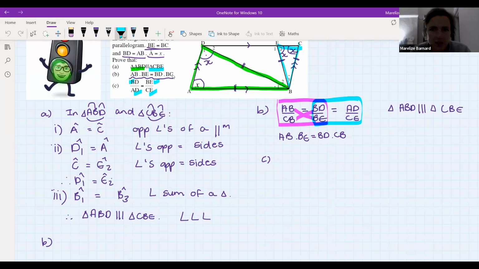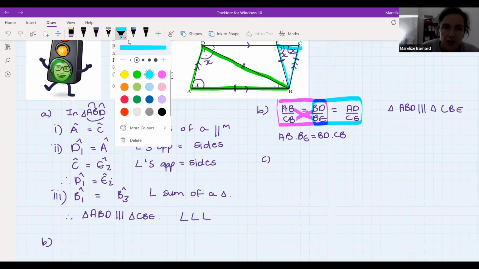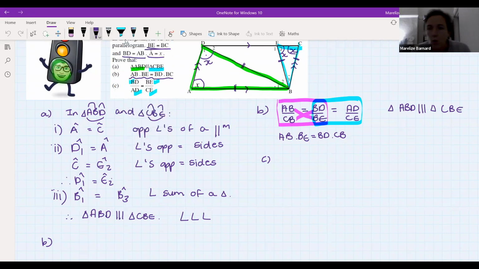Yes, we do have to juggle. So the first part is to identify which sides you need, and then look at how you need to change the proportion around to make it look like what you need to prove. So BD over BE is AD over CE.